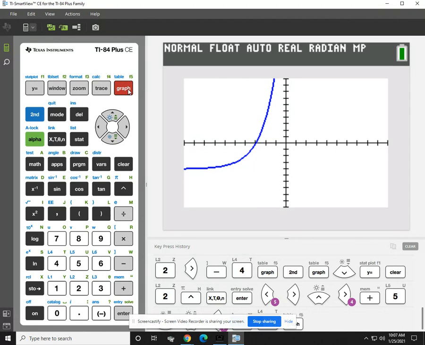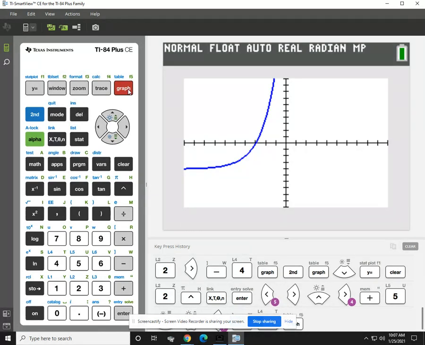Domain. What do we say domain always is? Will it ever stop going left or right? So what do we say it was, Margaret? It's negative infinity to positive infinity. Never stops going left and right. But does it ever stop going up or down?